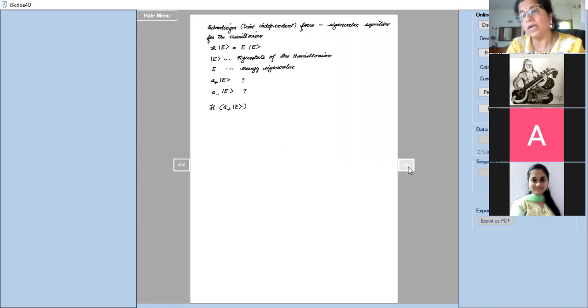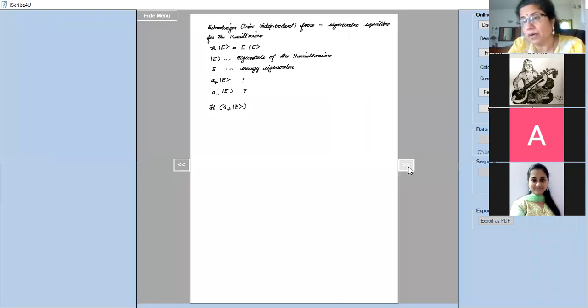In order to know, we need to extract information from it. What is the easiest information that we can understand? It is the Hamiltonian. So we can see whether this A plus acting on this E has made any change to the energy state. Only from the information that the Hamiltonian can extract for us will we be able to understand.